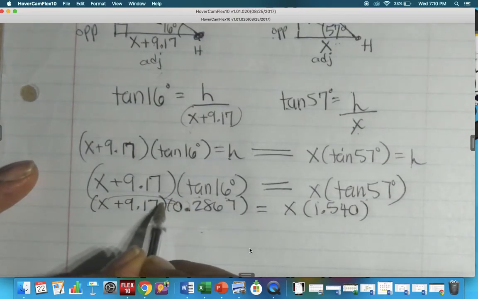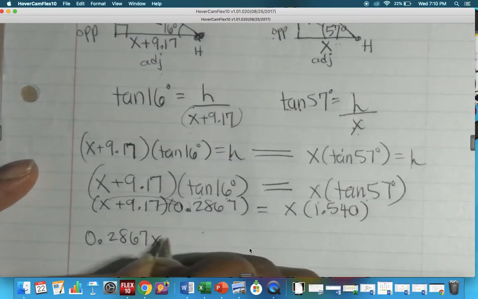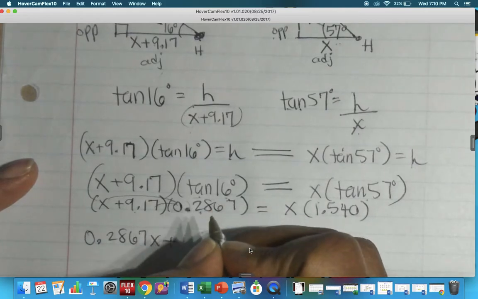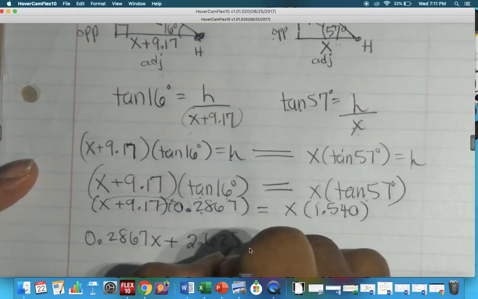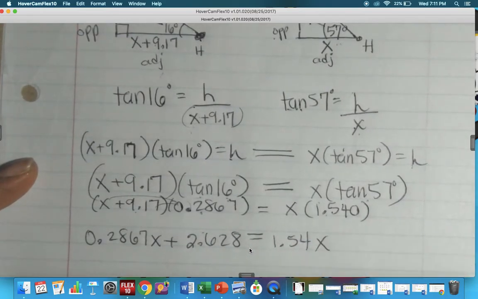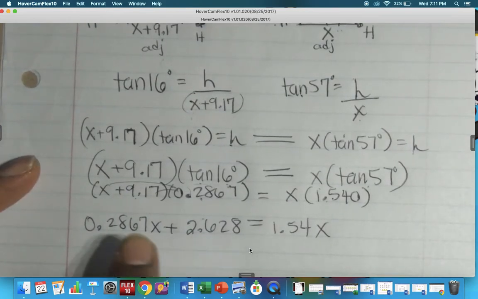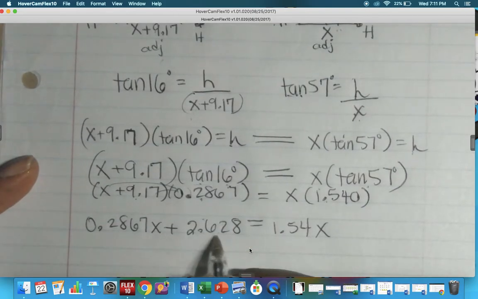So I'm going to distribute, and get 0.2867x plus whatever 9.17 times this is, which happens to be 2.628. And then here I'll just put 1.54x. And then I'll move all my x's to one side, keep my constant here.